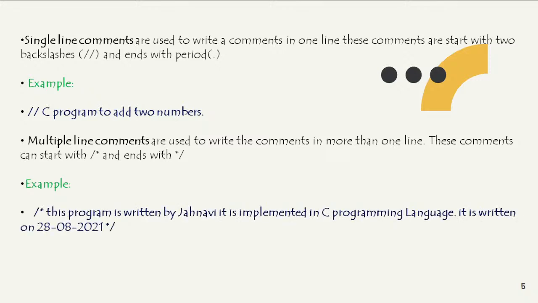So here is an example for multiple line comments. When we are using multiple line comments, we must include the end termination. Otherwise, your C compiler will treat everything as a multiple line comment.